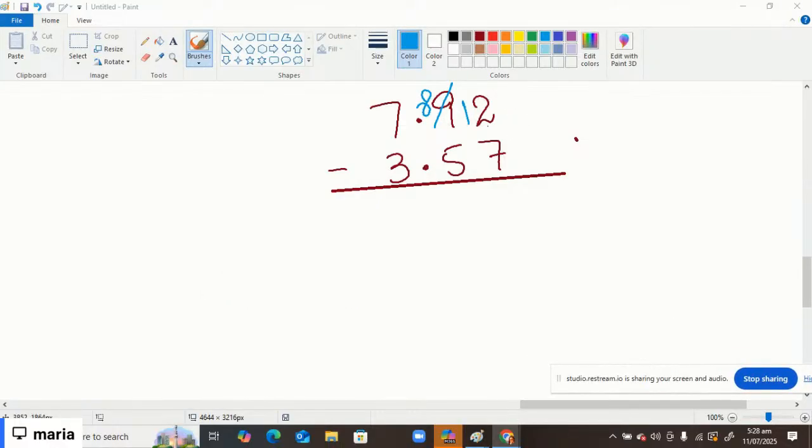We are subtracting 7 out of 12. So what is the answer, guys? Tell me. That is 5. 12 minus 7 is 5. Now 8 minus 5, what is the answer? Only 3. Point as it is. Now 7 minus 3 is 4. This is 4.35. This is the subtraction of decimals.